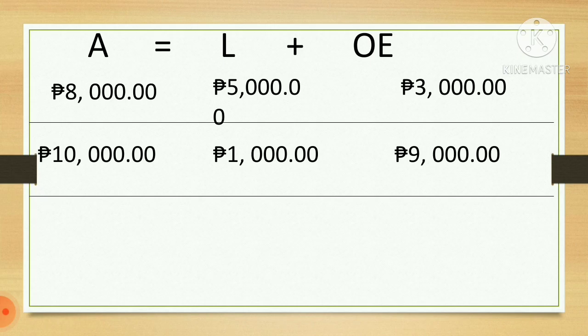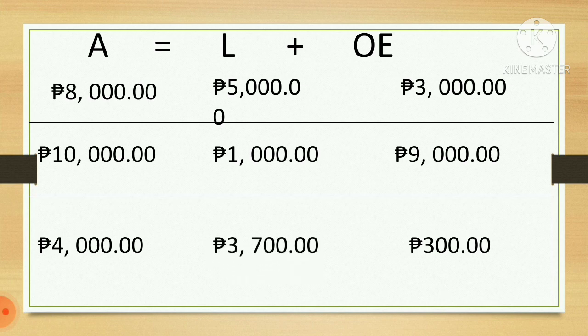Now, another example. What if you're given an asset of 4,000 and you're given an owner's equity of 3,000? How much is your liability? Same with the previous equation. So, to get the liability, we're going to use the formula asset minus owner's equity equals liability. So that's 4,000 minus 300 is equal to 3,700.